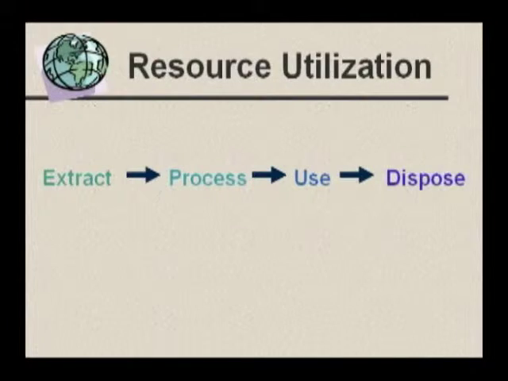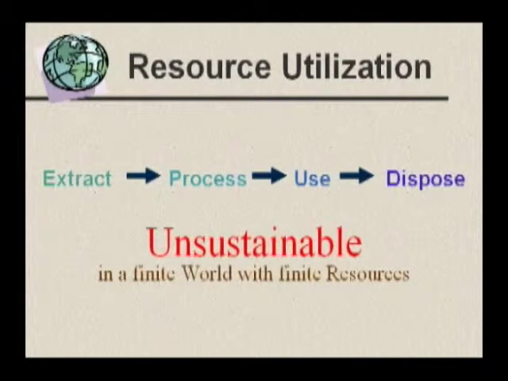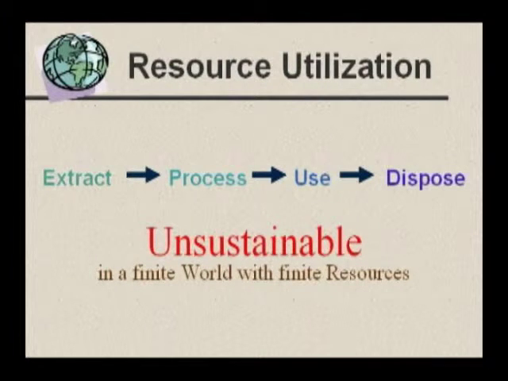Very different from the way resources are used in nature. It's very artificial, ultimately unsustainable. We cannot continue to use resources in a finite world with finite resources in this linear fashion. It's just impossible. That almost should be intuitive, but unfortunately it's not.